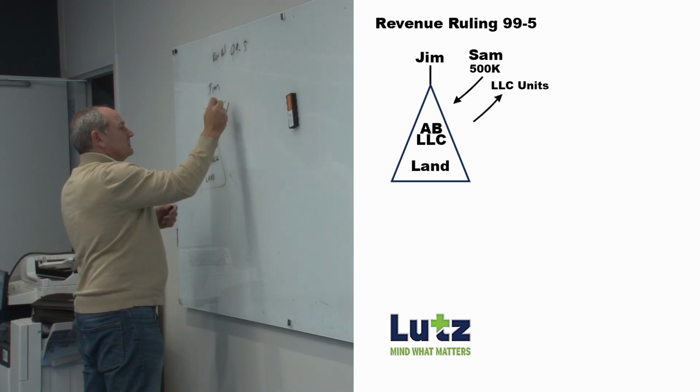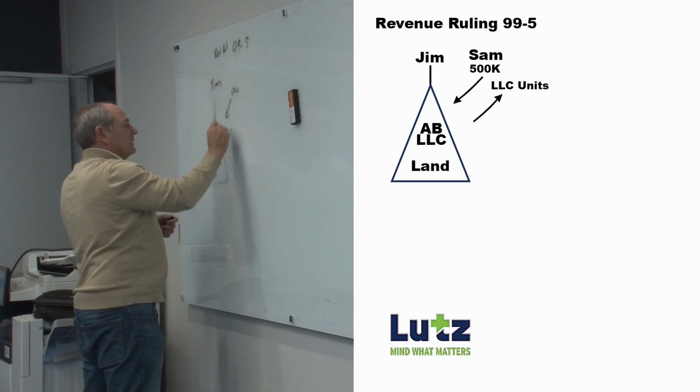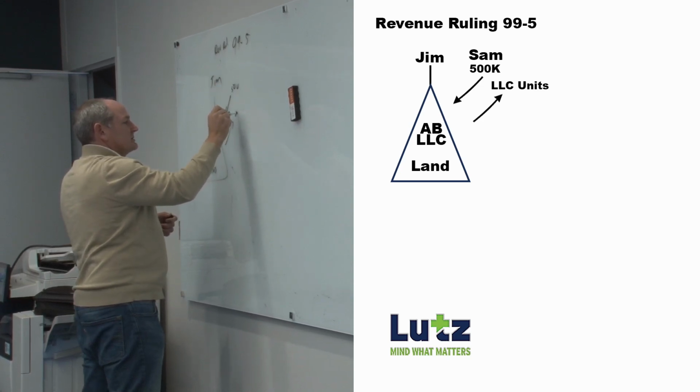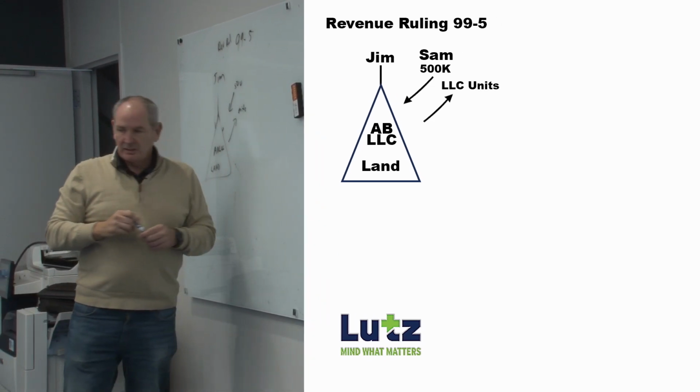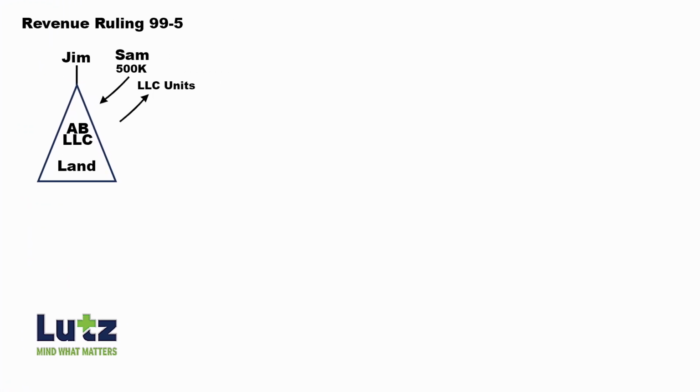Well, Brad, the smart tax guy, said, wait a minute. There's this other situation, right? That says, well, what if Sam contributes the 500K and gets units? And Brad, the smart tax guy, said, that didn't result in a current tax problem, did it?